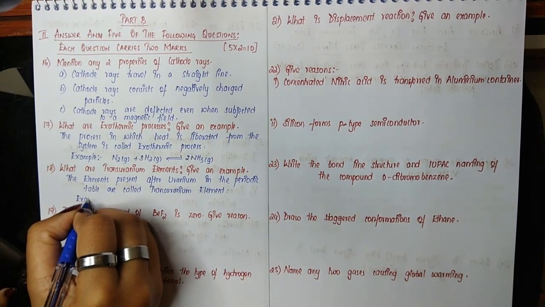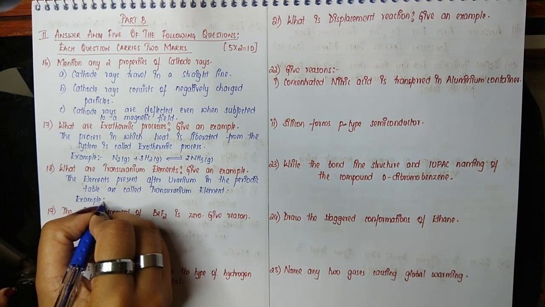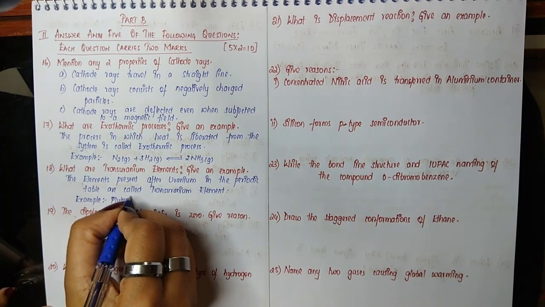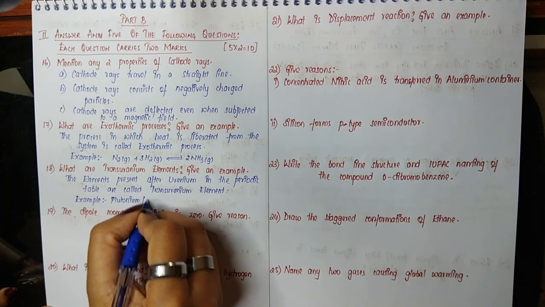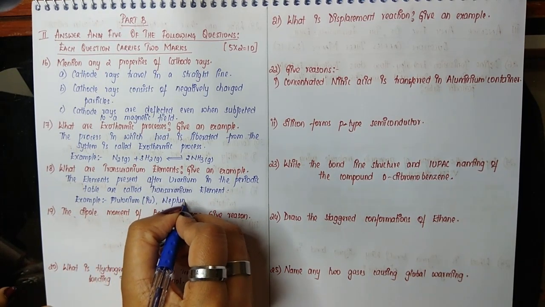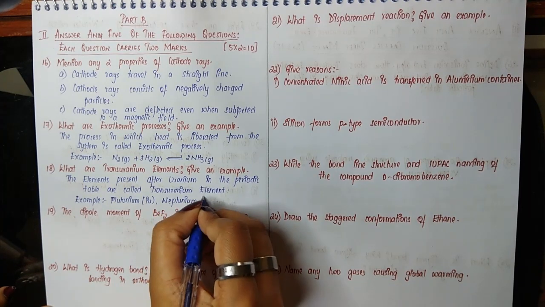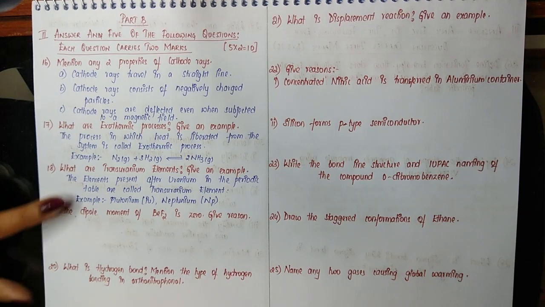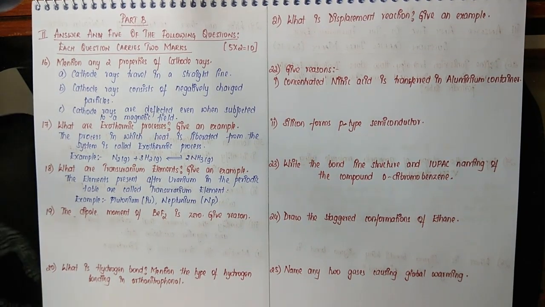Example, you can write plutonium or neptunium. Any one can be given as an example. So 1 question, 1 mark for the definition, 1 mark for the example.